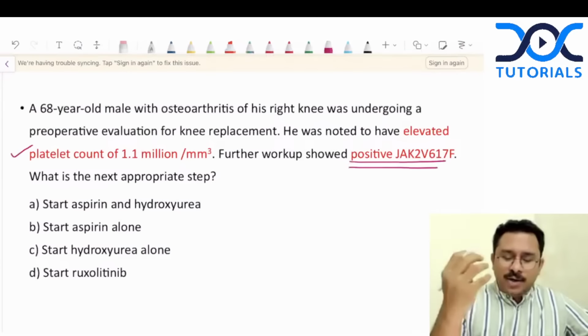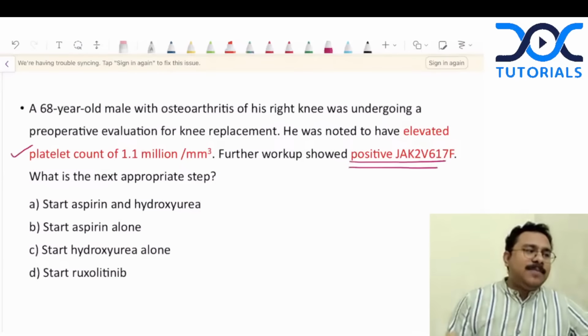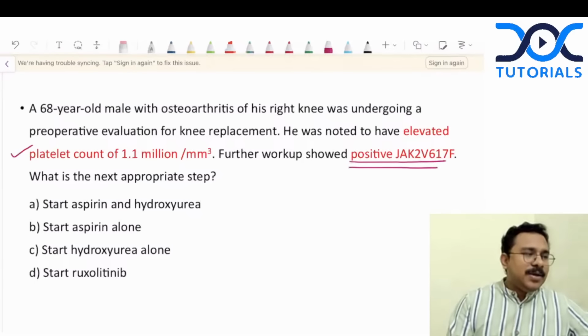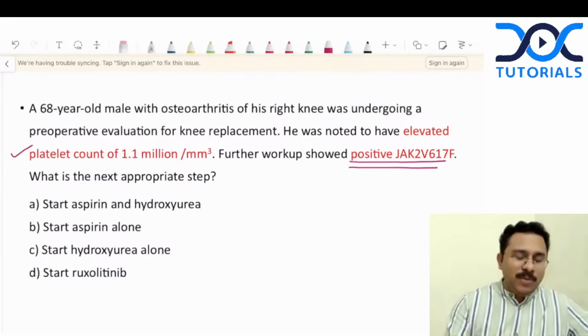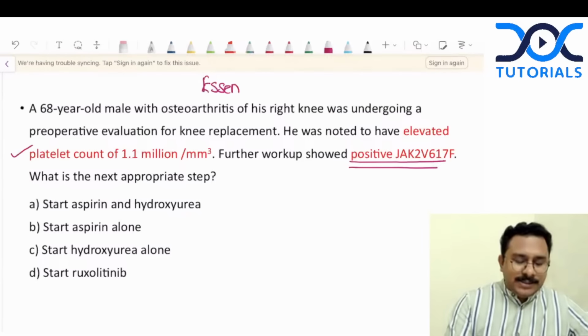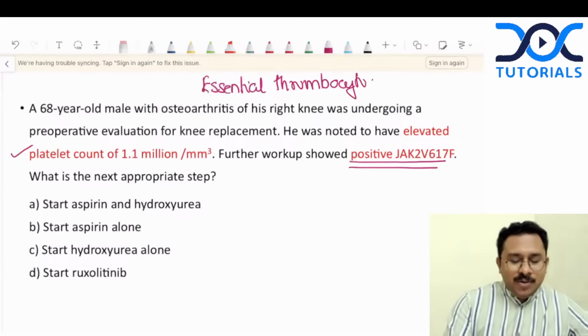Dr. Kushi, do you think this is present only in polycythemia vera? Did I mention anything about the RBC count? No. So what could the disease be? Any other condition associated with the same mutation? This is essential thrombocytosis. This is essential thrombocytosis. So first of all, my children, please know that the diagnosis is essential thrombocytosis.